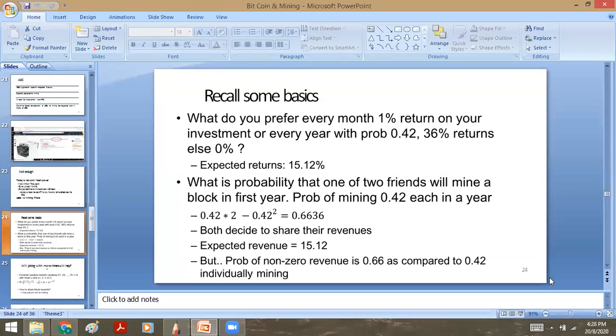Today you solve the puzzle, you share it. Tomorrow you solve the puzzle, you share it. And the day after tomorrow, if I solve the puzzle and get rewards, I will share with you. That is how a group of people come together to maintain the mining pool.